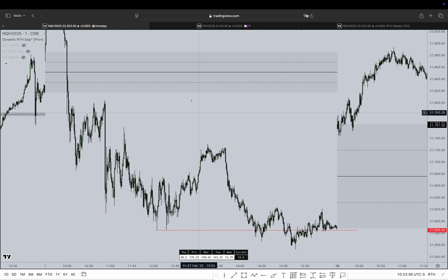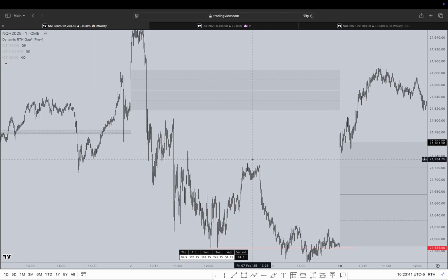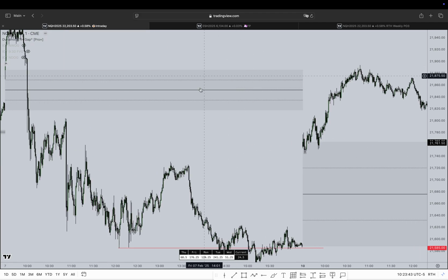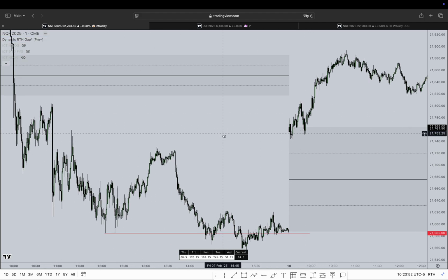We were opening not above the 50%, but many times when we are opening above the previous regular trading hours gap, we are using this gap as a balanced price range.